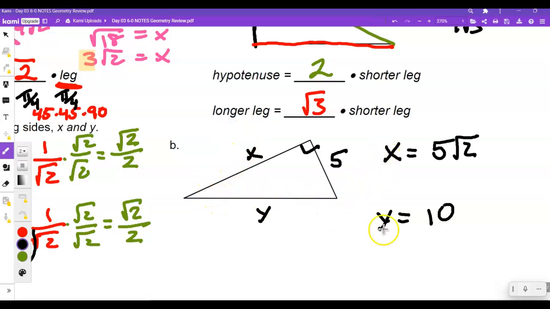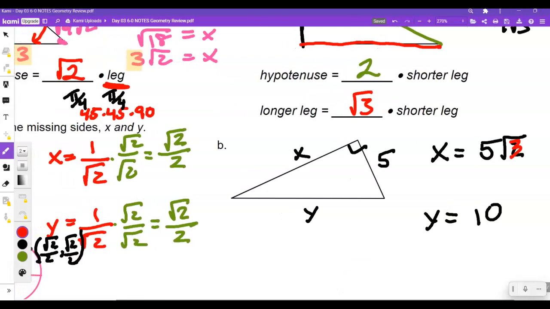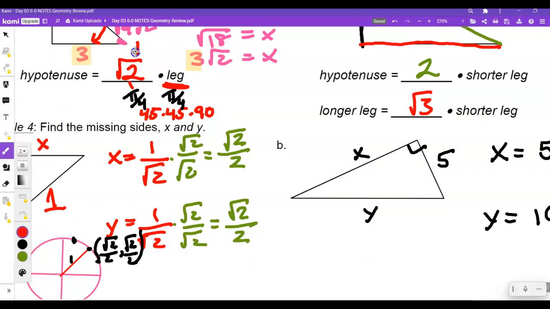X is 5 root 2 and y is 10? Is it 5 root 3 or 5 root 2? 5 root 3. So there's a common mistake sometimes, and people mix up the root 2 from a 45-45 and the root 3 from a 30-60-90.